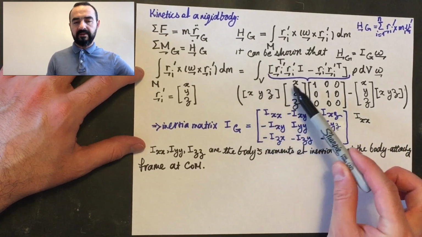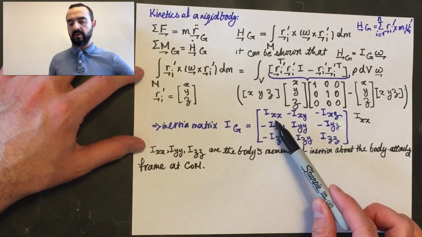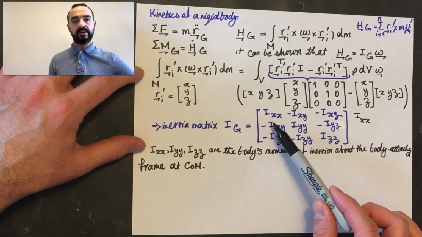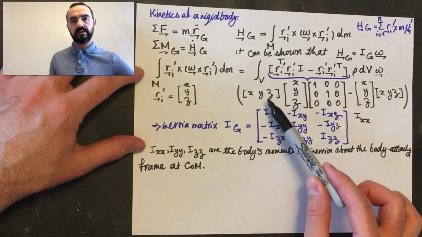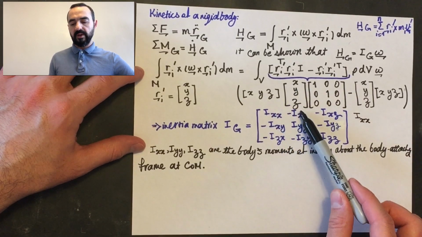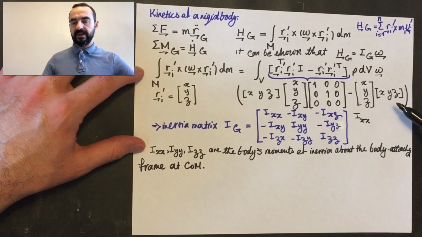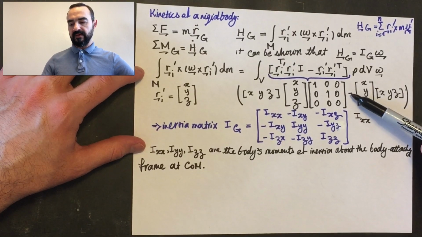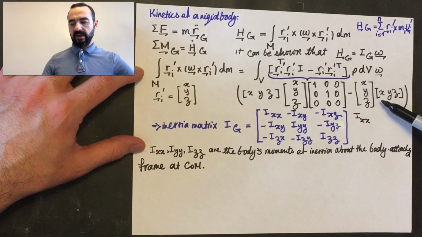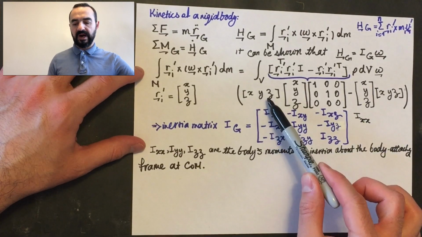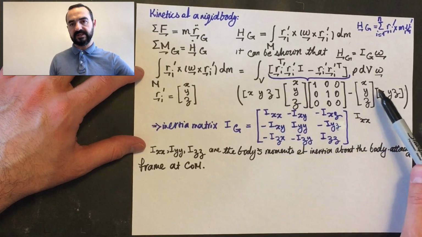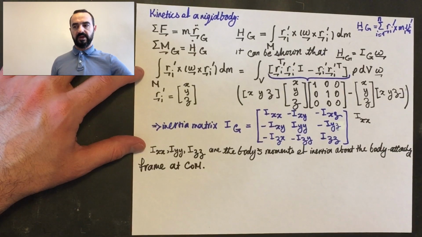Because you have x multiplying x, because you are only interested in the first component of this inertia matrix. X multiplying x gives you x squared plus y squared plus z squared, but then the second term gives you minus x squared. So you have x squared plus y squared plus z squared minus x squared.